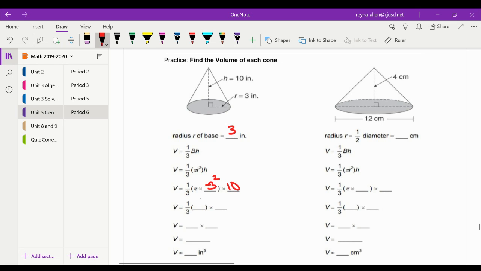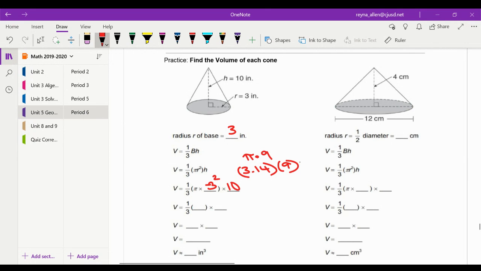Okay, they didn't give us enough space to work, so let's do this work on the other side. We need to do pi times 3 squared, which is 9. Pi is 3.14, so I need to multiply that by 9.